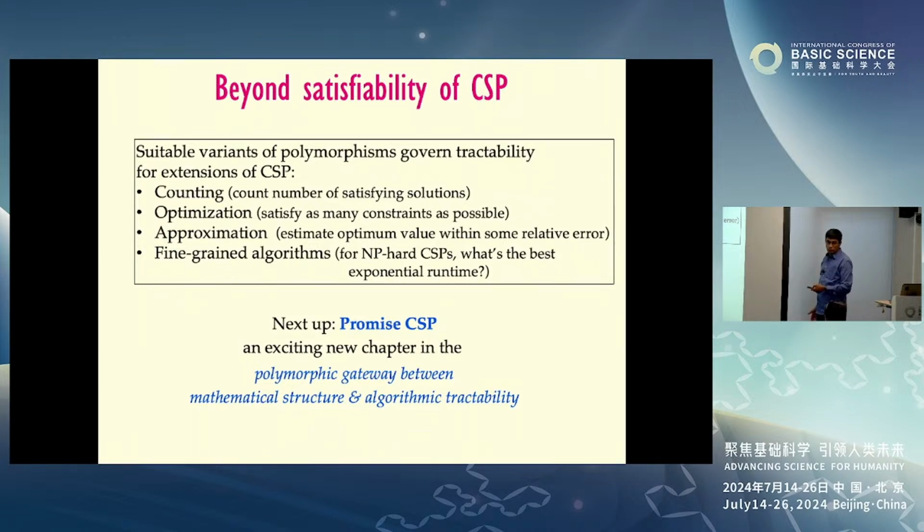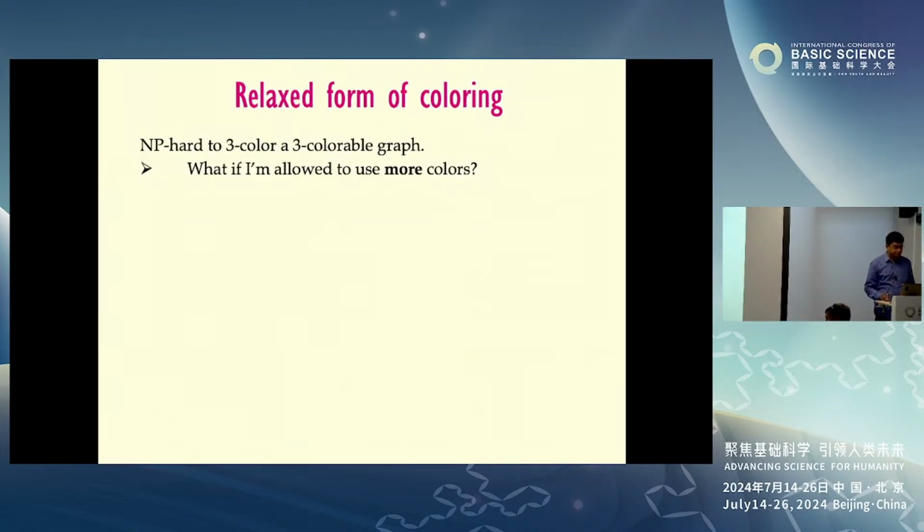Can you count the number of solutions? These are very exciting new challenges.